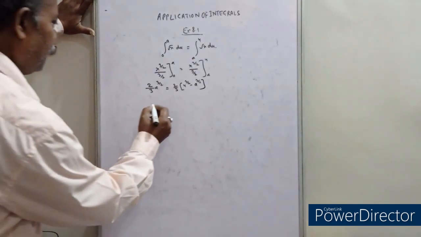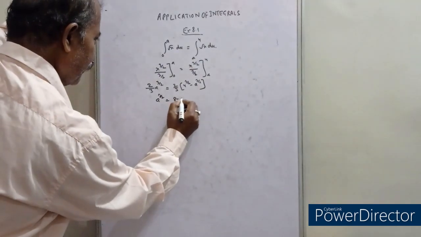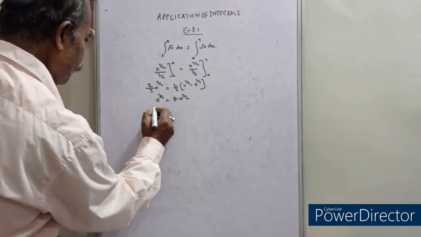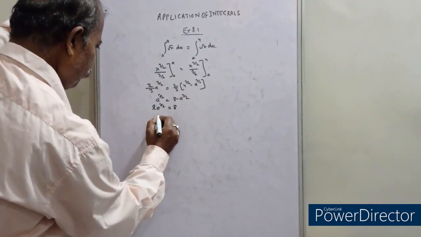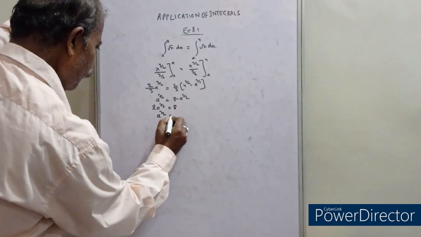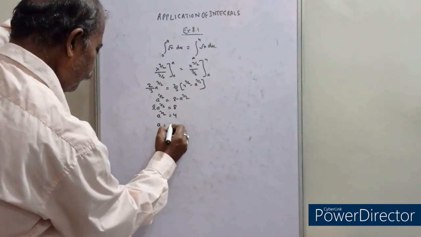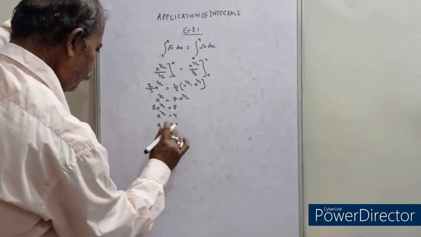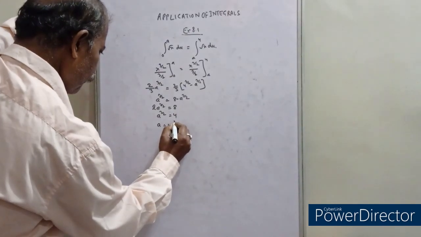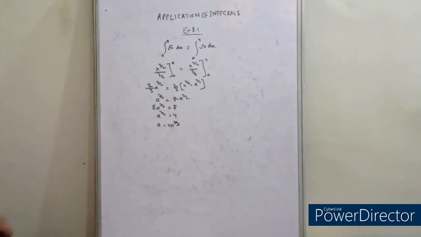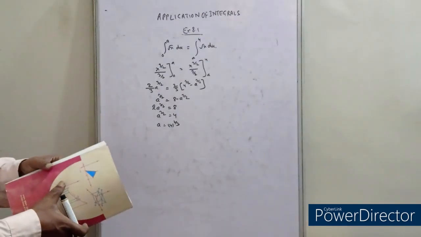So a to the power of 3 by 2 equals 8 minus a to the power of 3 by 2. 2a to the power of 3 by 2 is equal to 8. So a to the power of 3 by 2 is equal to 4. So a is equal to 4 to the power of 2 by 3. So the value of a comes out to be 4 to the power of 2 by 3.